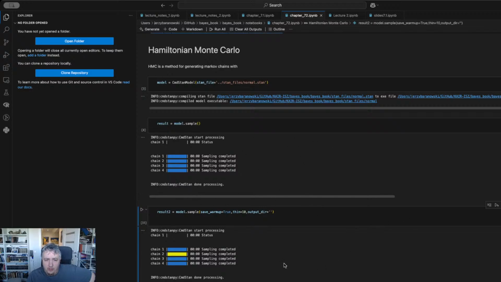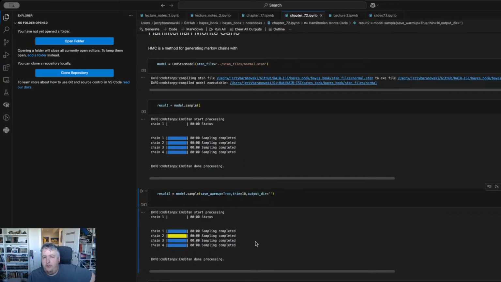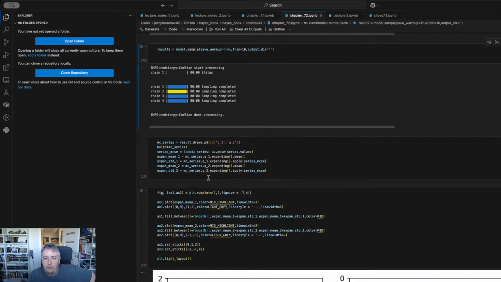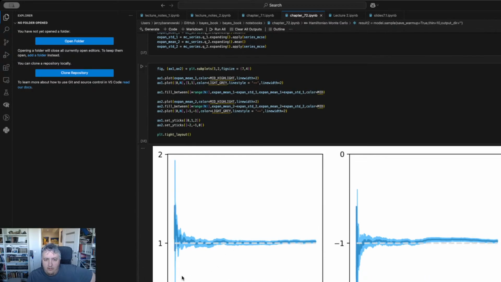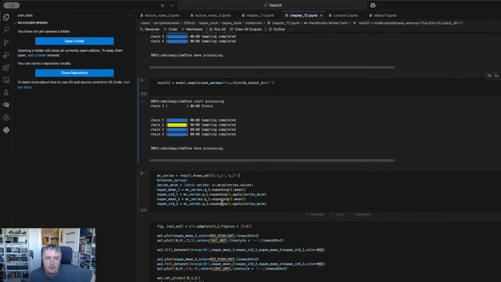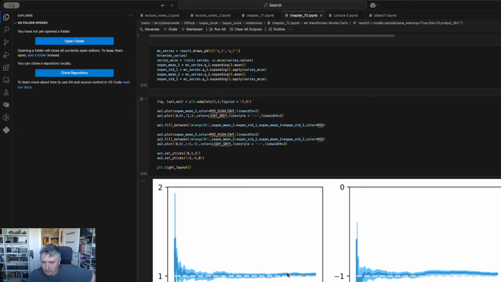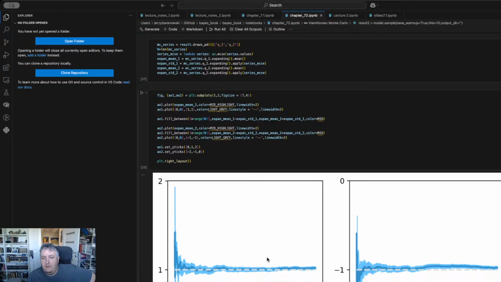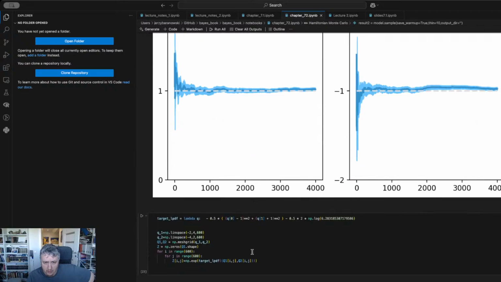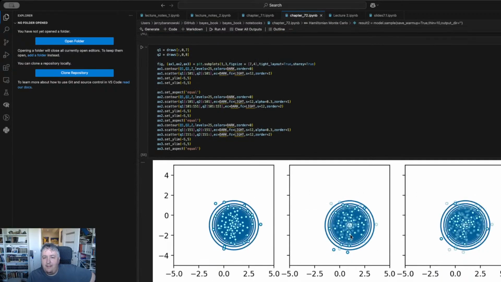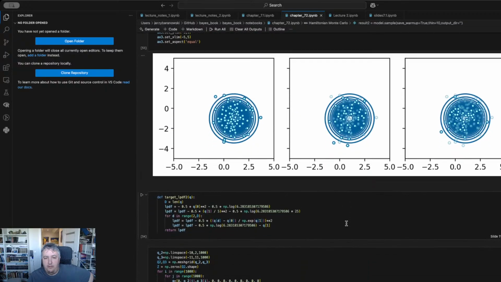We have chains computed here, and with saving the warm-up, we can compute how everything happens. As you can see, we again get very nice estimates for the variables that we had before. We have nice movement of points around our typical set.